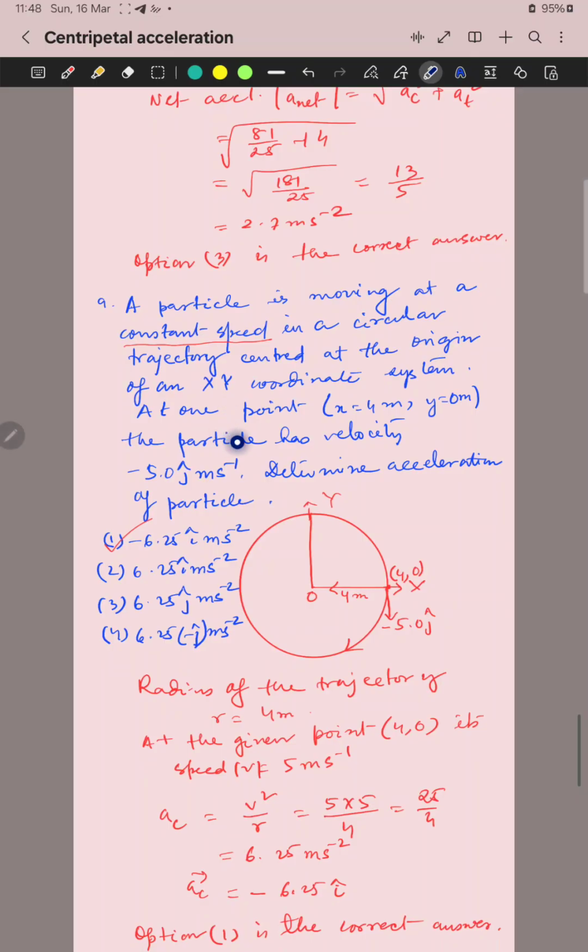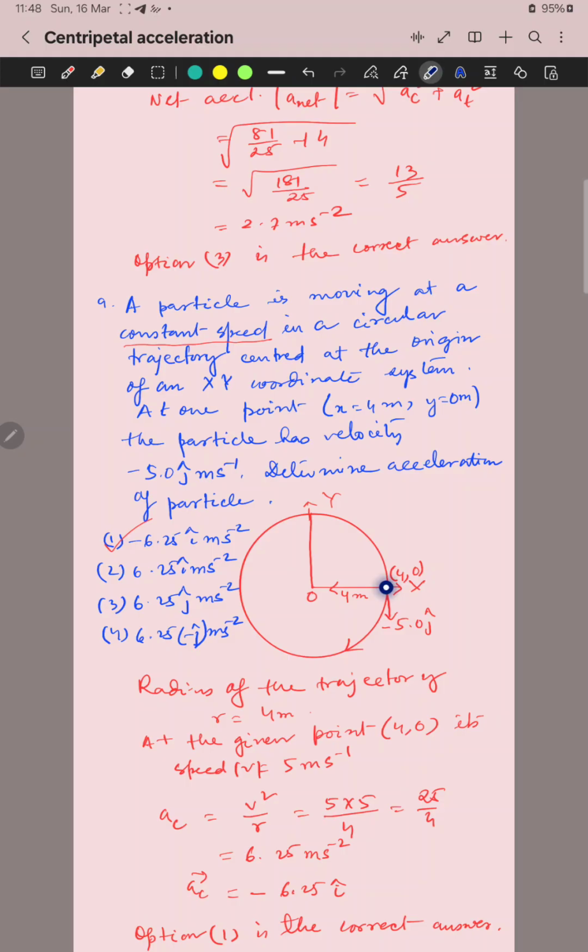Now the ninth problem, here the particle is said to be moving at a constant speed in a circular trajectory. So it is for sure that there will be centripetal acceleration, and the trajectory center lies at the point O, which is the origin of an xy coordinate system.